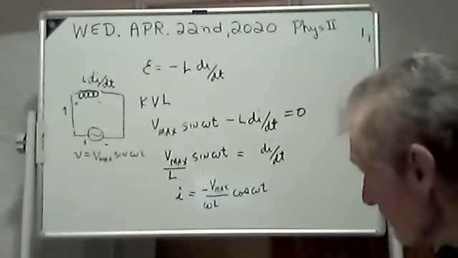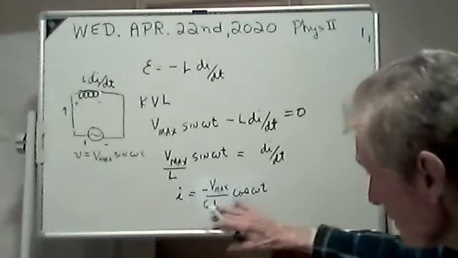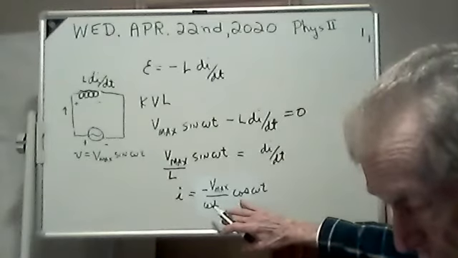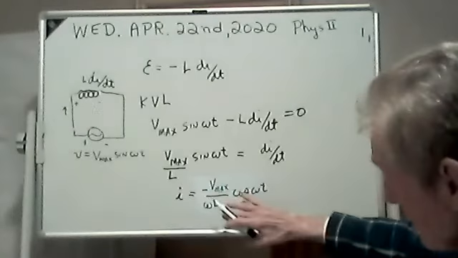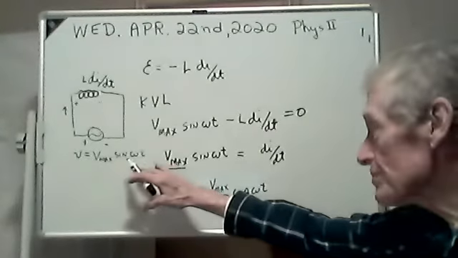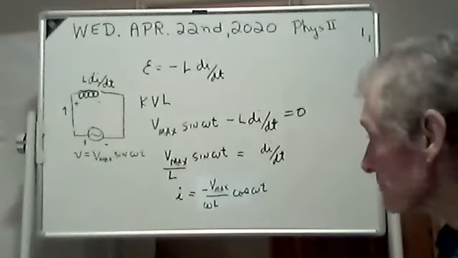Well, let's do it. If you take the derivative of this, what's the derivative of the cosine? Anybody know? Negative sine. So look, there's a negative and you have a negative sign. Hey, that makes a positive. Look, it's positive, isn't it? And it's a sine. So far, so good.